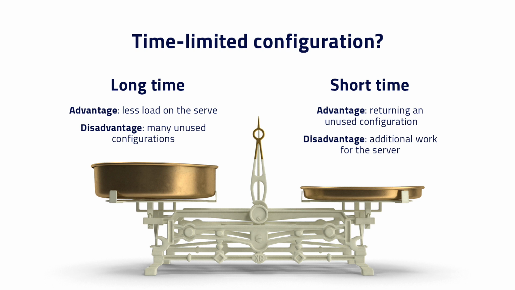On the other hand, if the configuration is for an extended duration, the server would be less busy. The problem in this situation is that if stations don't notify release to the server, the network will have fewer IP addresses to allocate, because we're allocating addresses out of a group of addresses that we have. So, we need to maintain a balance between having short-term configurations and having long-term configurations.